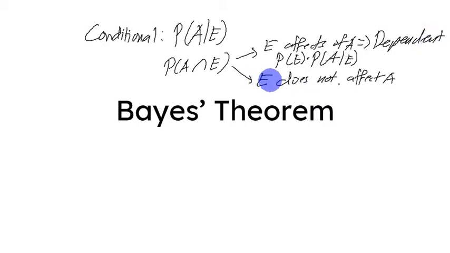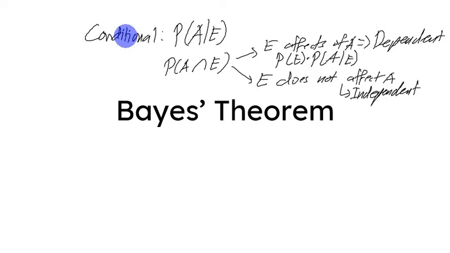However, if E does not affect A, that is what we call an independent event.